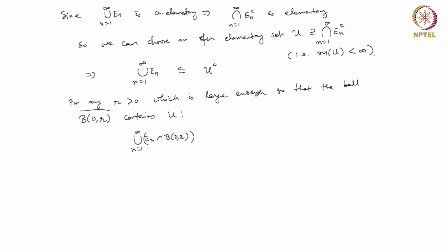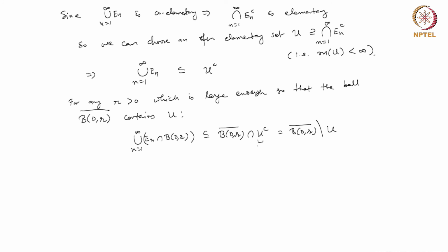I would rather take the closed ball with radius R here, and you will see why. So this is contained in the intersection of the complement of U with this closed ball of radius R, and this is nothing but B(0,R) minus U, and so this is in fact a closed and bounded set.